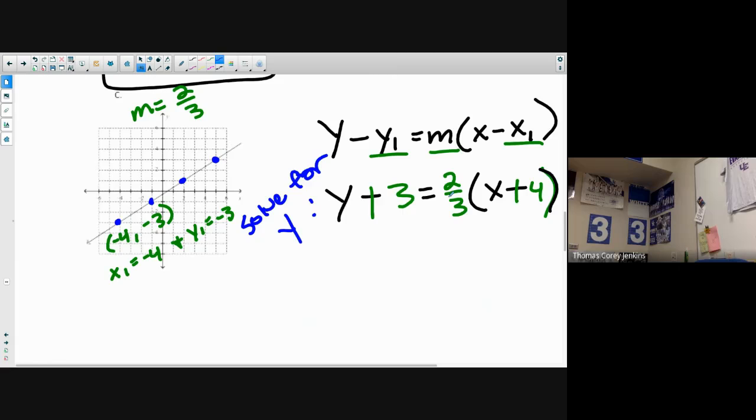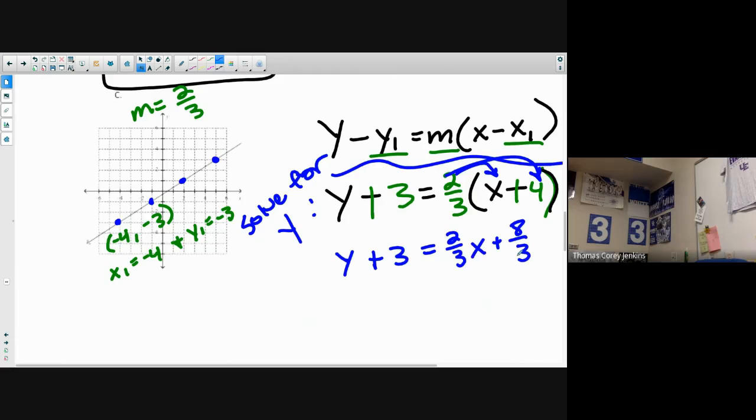So if I want to solve this for y, the first thing I'd want to do is distribute the 2/3. That's going to give me y plus 3 equals 2/3 times x is 2/3 x, and 2/3 times plus 4. If I type that in, I'm going to get a fraction, because that's just equal to 2 times 4 is 8 over 3. And 3 doesn't go into 8, so I'm just going to put plus 8 over 3.